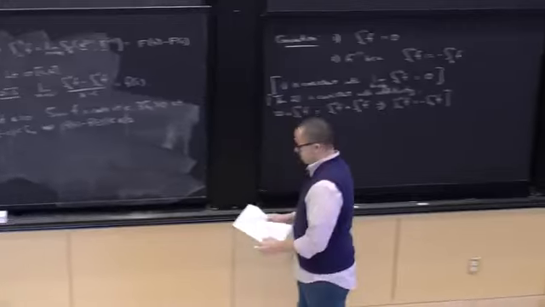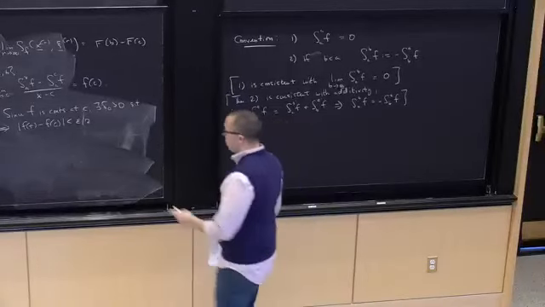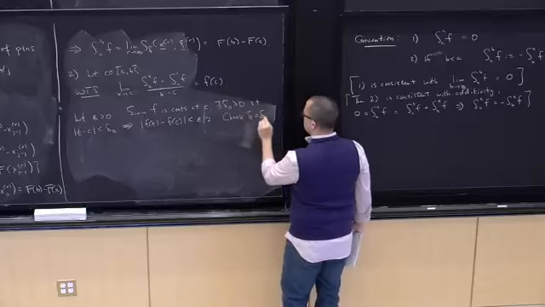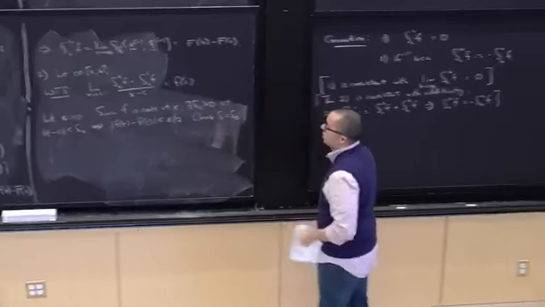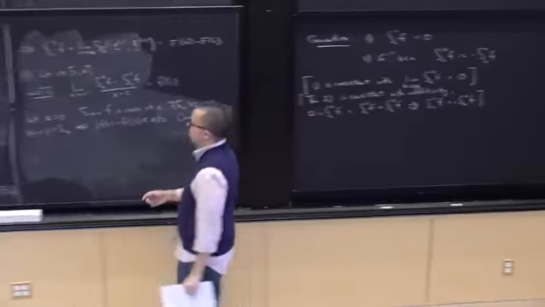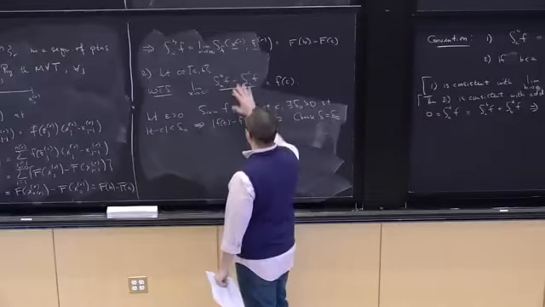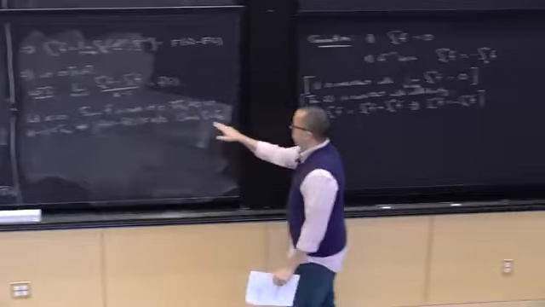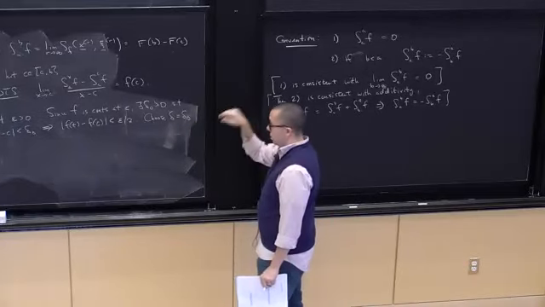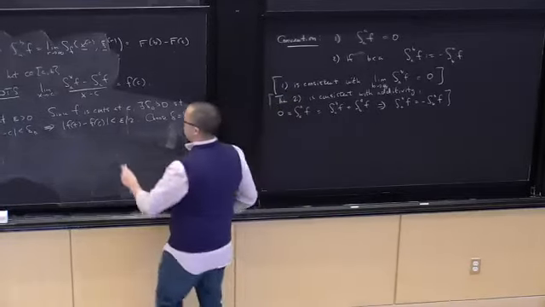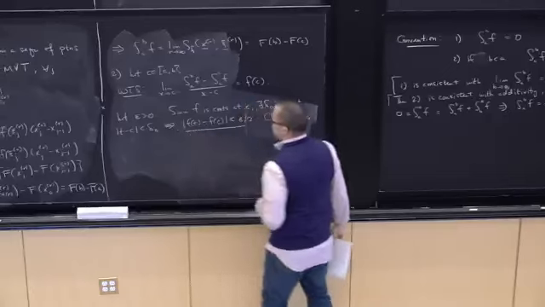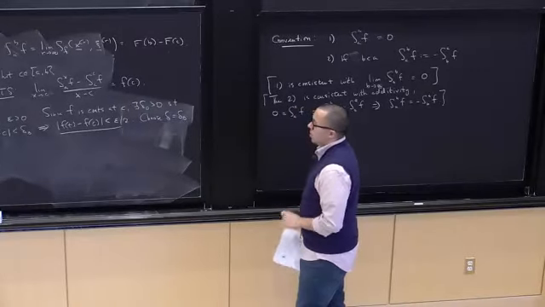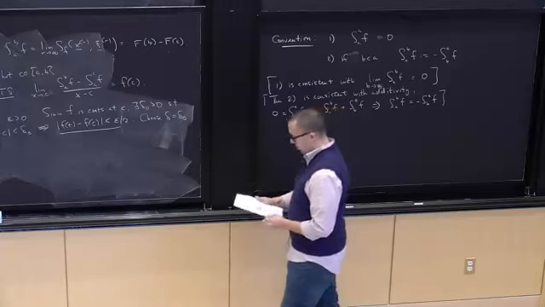Choose delta to be this delta 0. Remember, we have to show for every epsilon there exists a delta, so that if |x minus c| is less than delta, then this minus this in absolute value is less than epsilon. I'm now saying choose delta to be this delta 0, where this delta 0 is ensuring this right here, as long as |t minus c| is less than delta 0.